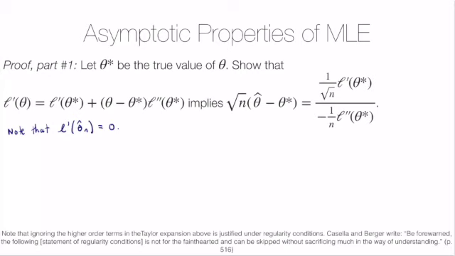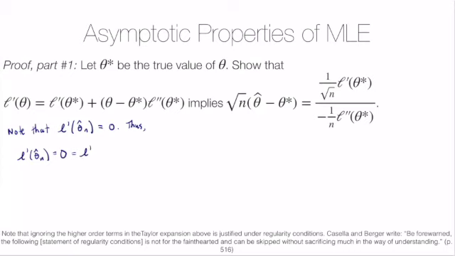So that means that the derivative of the log likelihood function, where we plug in the MLE, is equal to 0, and that should be equal to, now we've plugged in the MLE to the left-hand side. Anywhere there's a theta, not a theta star, we'll plug in the MLE.